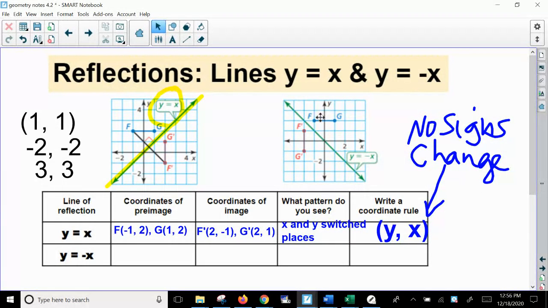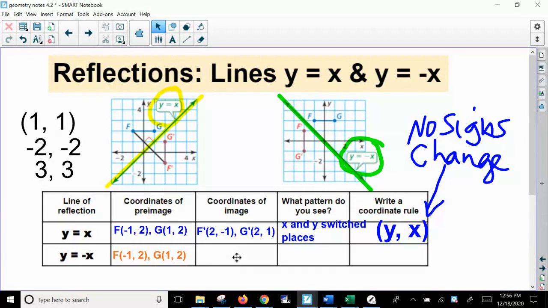Okay? Now for y equals negative x, so that's this line here. Basically, for every coordinate on this line, whatever the x is, the y is a different sign. Like you got (-1, 1), you got (2, -2), etc. So again, looking at segment FG, the red one, those are the coordinates.